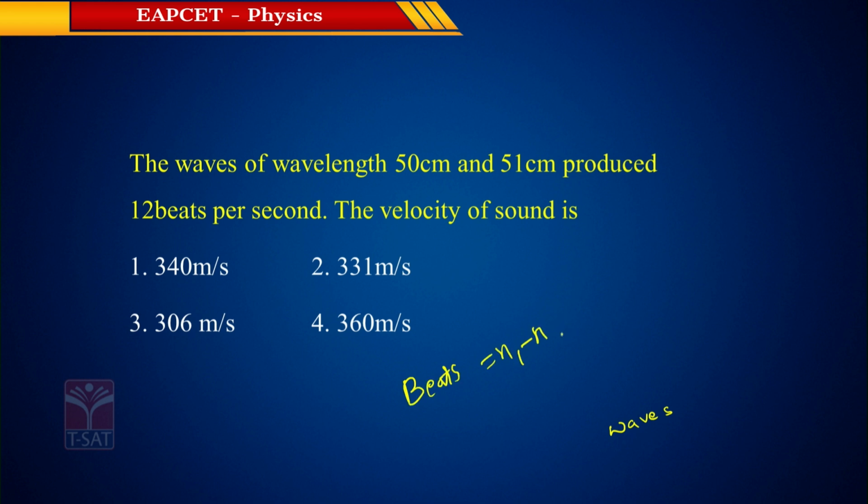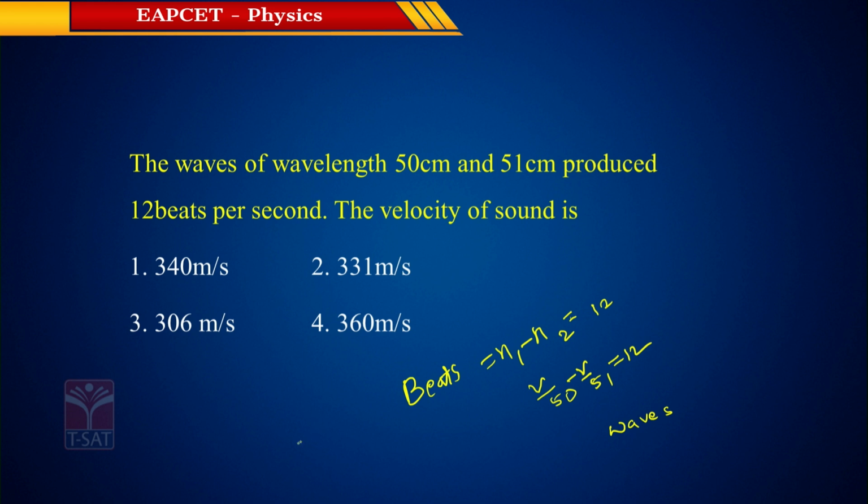Here, in this formula, N1 minus N2 is equal to 12. That means N1 is V by 50 minus V by 51 is equal to 12. Okay.